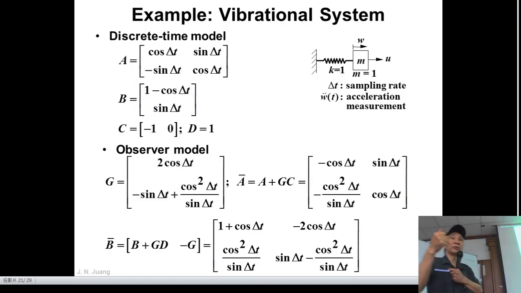So if you choose a good G, then your estimation will be very fast. Your estimated state will be very accurate. Then what kind of G is a good G? A good observer gain.